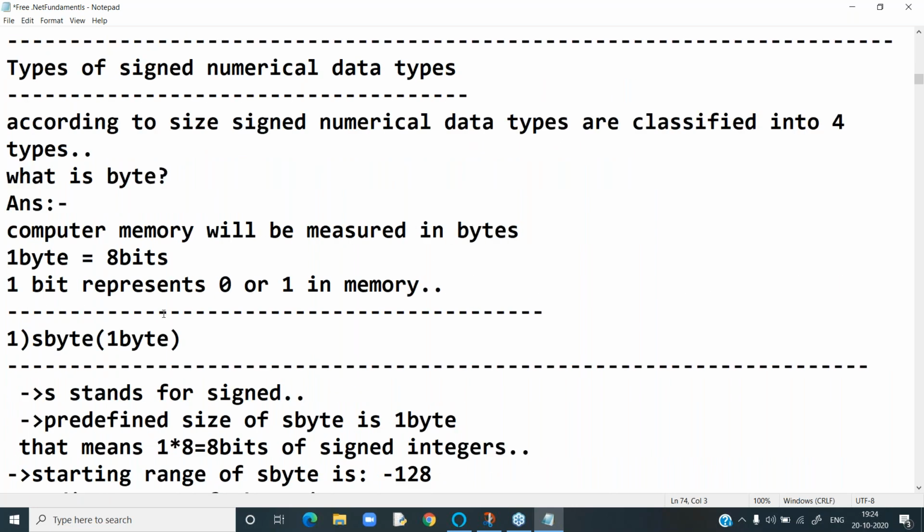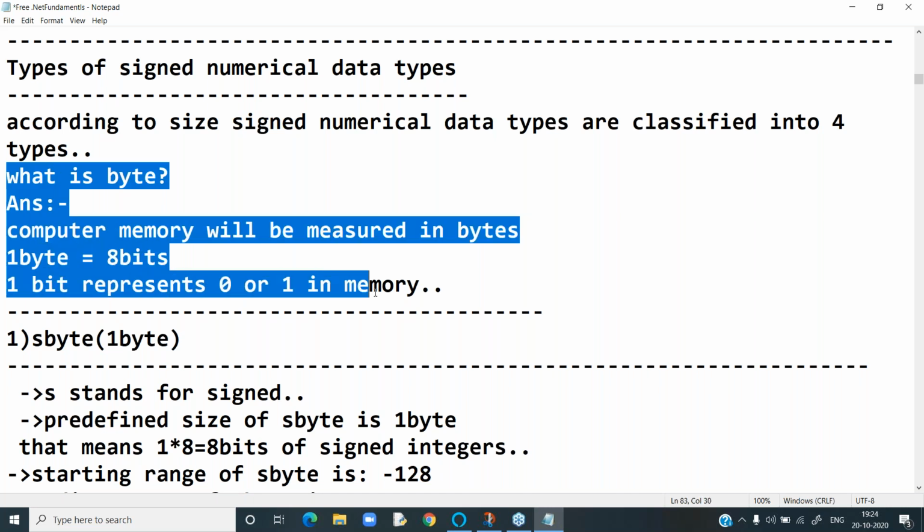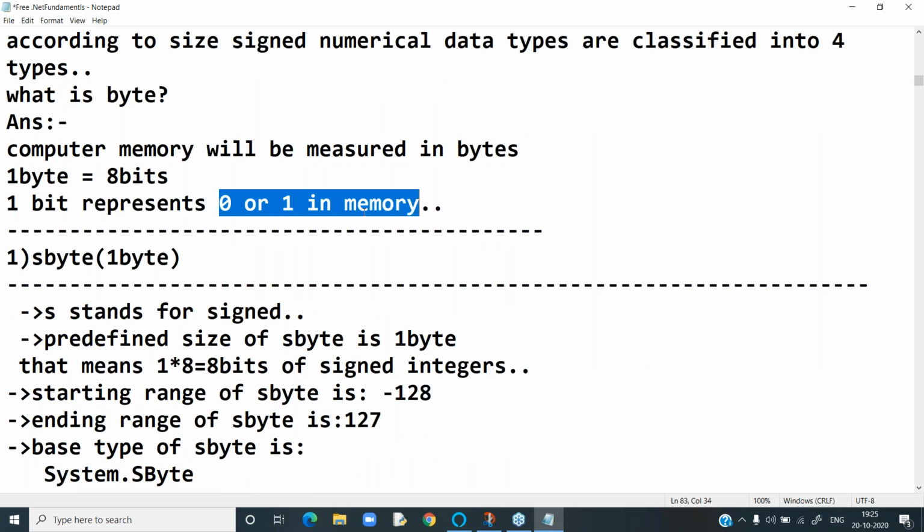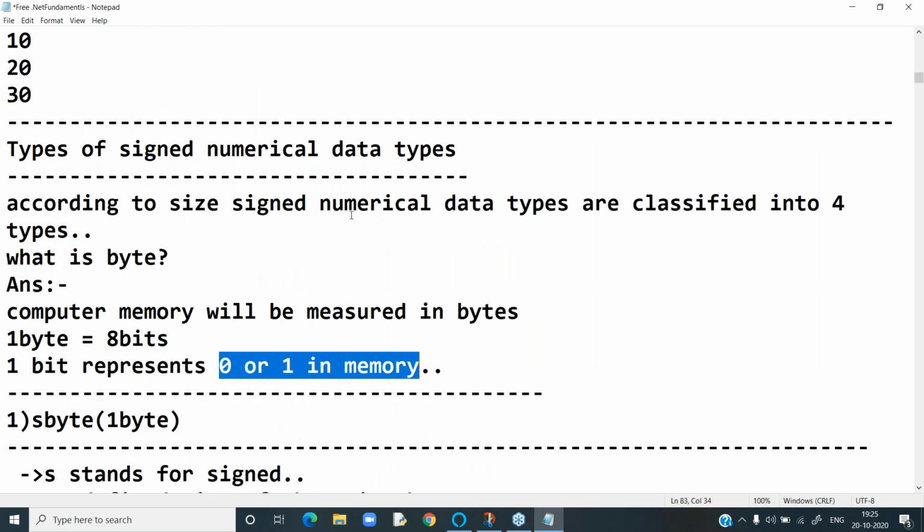Types of signed numerical data types: according to the size, signed numerical data types are classified into 4 types. And what is a byte? Computer memory is measured in bytes. 1 byte equals 8 bits. 1 bit represents 0 or 1 in memory, binary 0, binary 1.